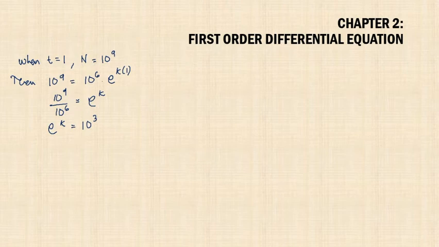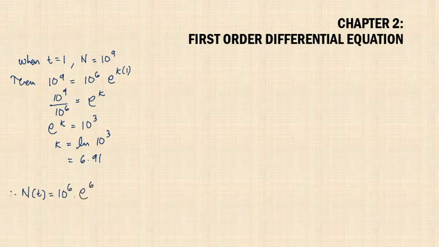By taking ln of both sides, k equals ln 10 power of 3, which is 6.91. Substituting back the value of k, we have n of t equals 10 power of 6 e power of 6.91t as the particular solution for the population of the bacteria.